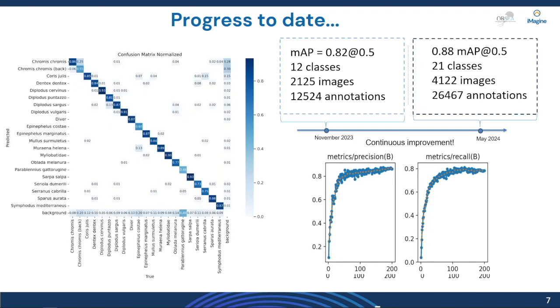Up to today, we have more precision, but the most important thing is that we have more classes, which is a great improvement. And the idea is that in the diagonal, the score is better if it's close to 1. And we are going to talk about this chromis later.